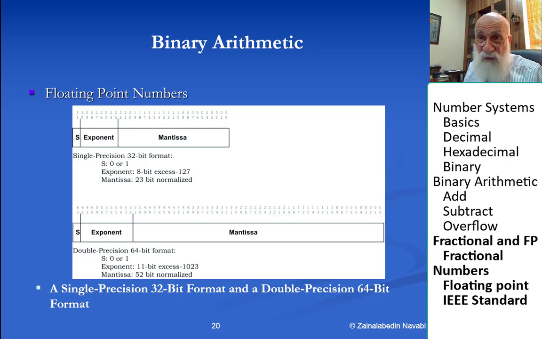For a better precision, you go up to 64 bits. Again, you have the sign bit all the way to the left. Then you have 11 bits for the exponent.